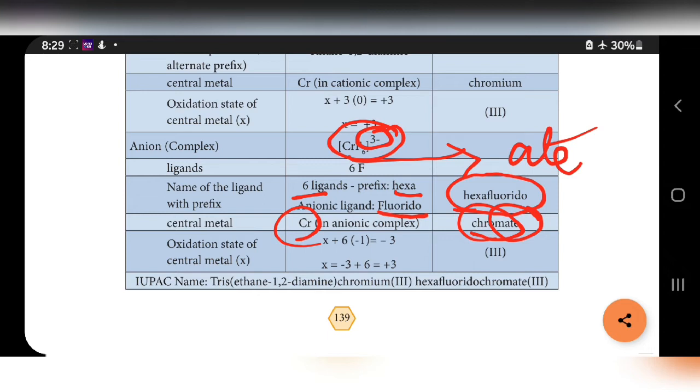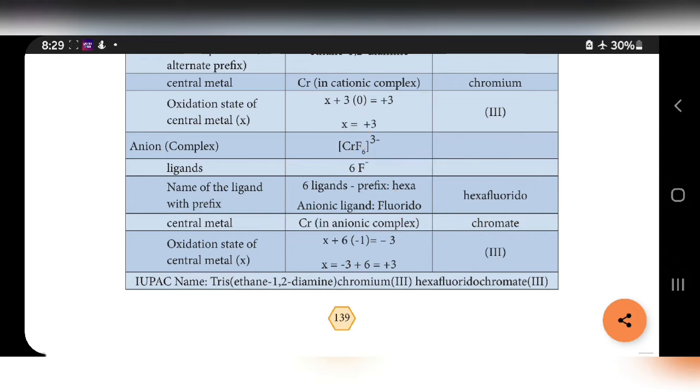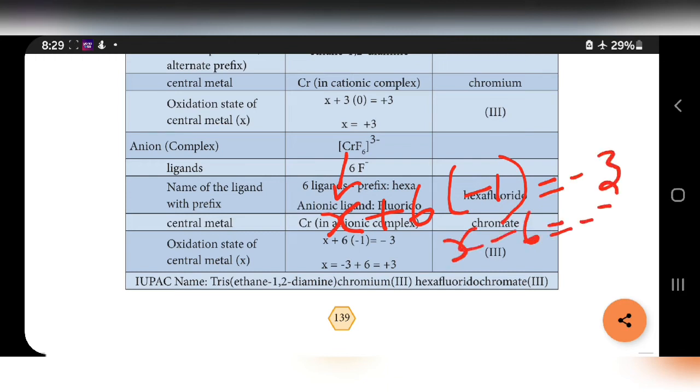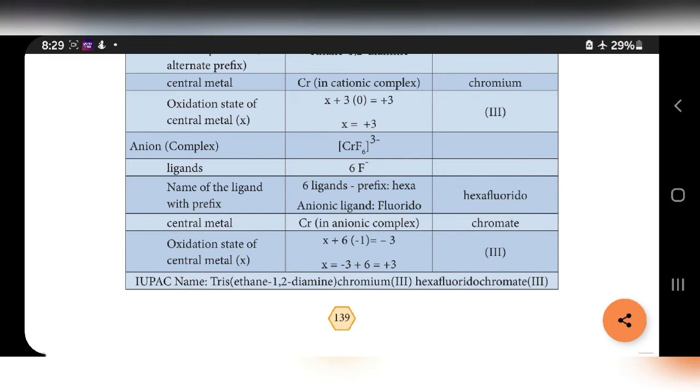Oxidation state of the central metal: let me assume the charge of the central metal is x, plus 6 fluorine, for each fluorine minus 1, is equal to minus 3. So x minus 6 is equal to minus 3. x is equal to plus 3. So the oxidation number for this complex is plus 3.